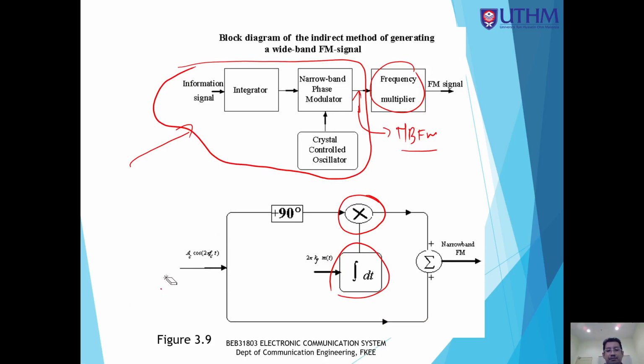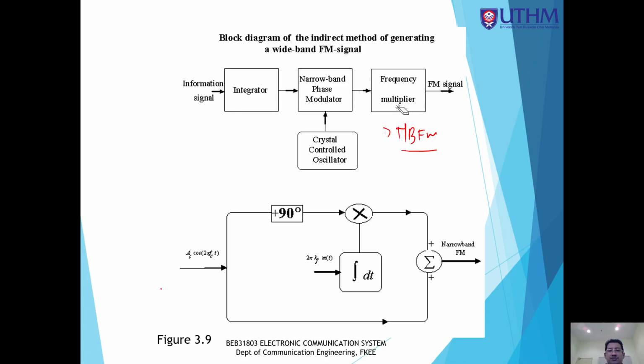We used the same picture, where we asked students to produce the equations at, for example, point A and point B. Here is the carrier, for example, VC(t) given as VC cos 2 pi FC t.